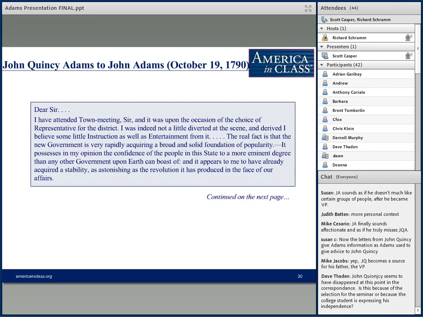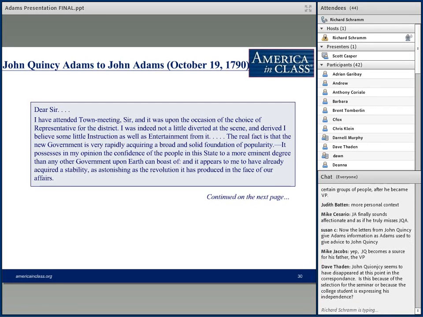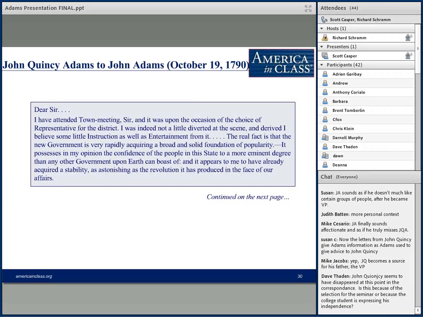So what John Quincy is suggesting here is that, at least in his view, as he sees the town meeting, just 2 years after that great division over the Constitution, people have come together. People have come together around the United States' new government, a broad and solid foundation of popularity, which might not have been expected just 2 years earlier when some people were still quite bitter about the ratification of the Constitution.